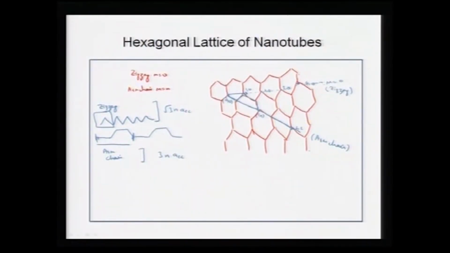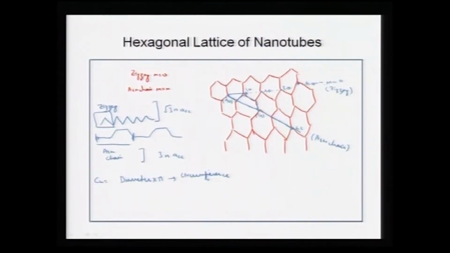And the chiral vector is nothing but a length which has been traversed, the circumference, diameter multiplied by pi. So, that chiral vector is something like a circumference of that particular tube.